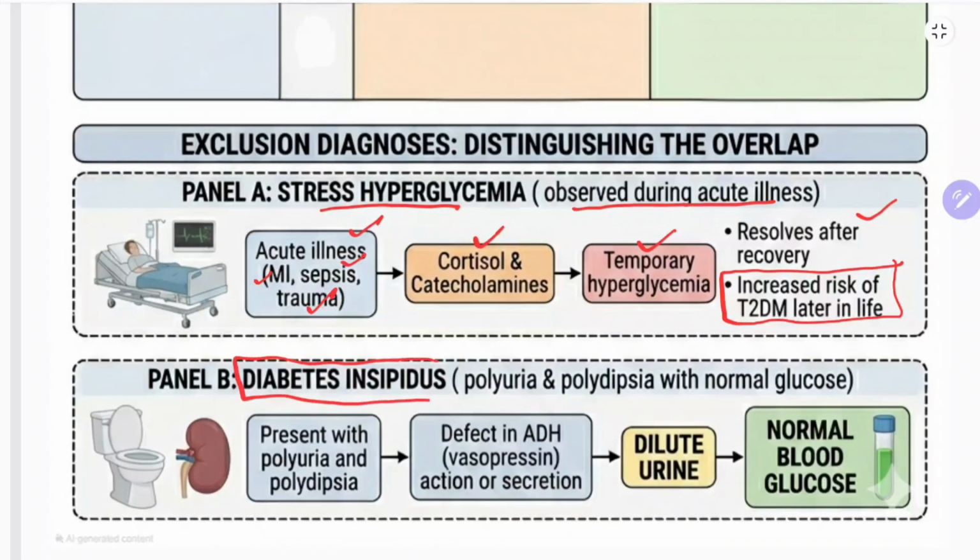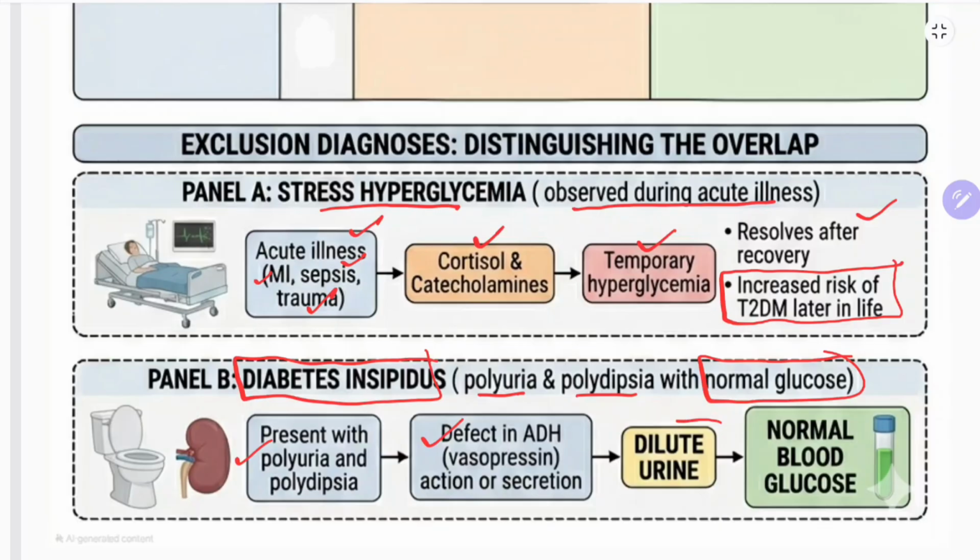Diabetes insipidus is one thing which also presents as polyuria and polydipsia, but glucose levels will be normal. So if patient is having polyuria, polydipsia, but glucose level is normal, then suspect diabetes insipidus, or primary polydipsia or hypercalcemia. So other causes you should suspect. Diabetes insipidus presents with polyuria and polydipsia. There will be defect in vasopressin or ADH action or secretion.